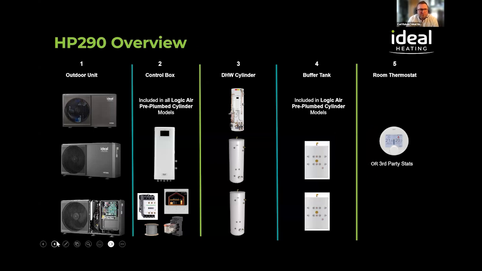the optimum performance. Again, when it comes to ordering, we've made it very, very simple to order the kit. So best case scenario, outdoor unit, pre-plumbed cylinder, and a thermostat. Using a Mixergy cylinder, for example, same procedure as the Logic Air: outdoor unit, control box, Mixergy cylinder, a buffer if required, and a thermostat.